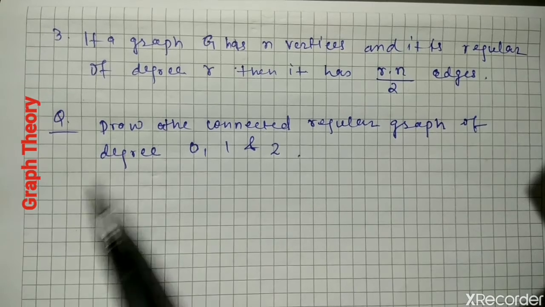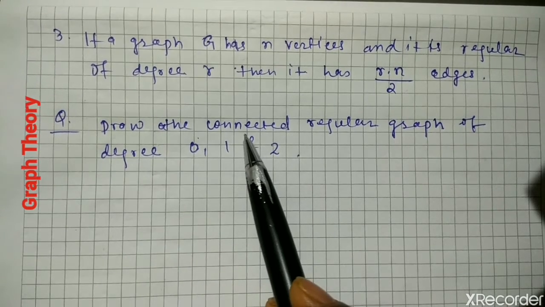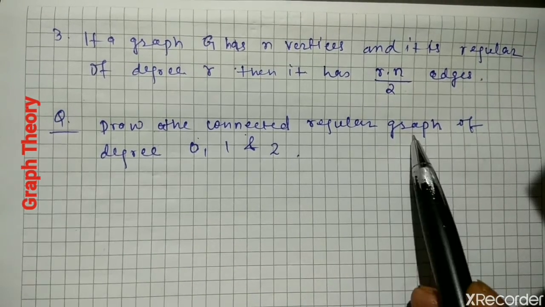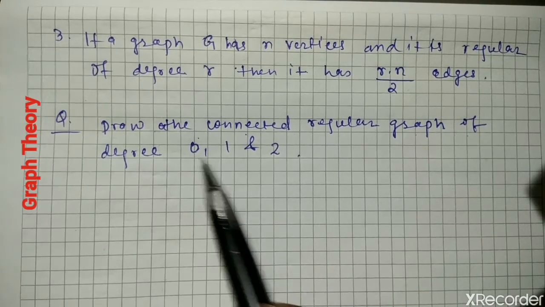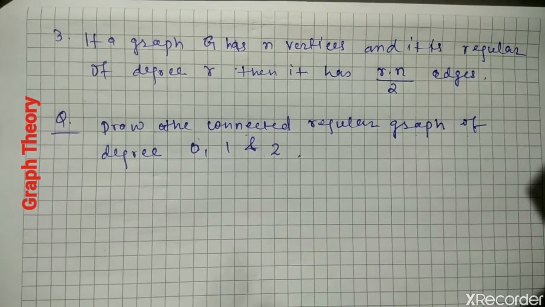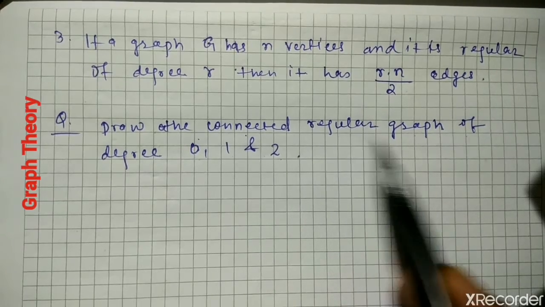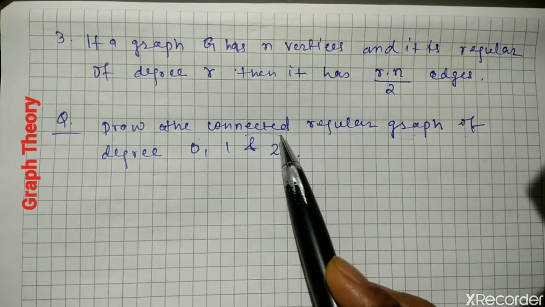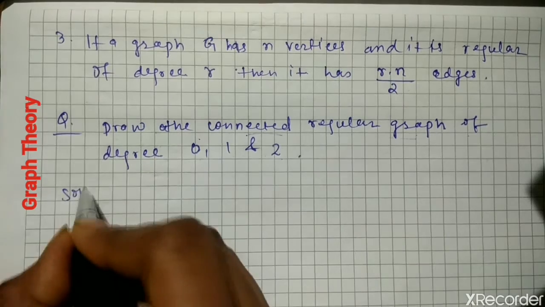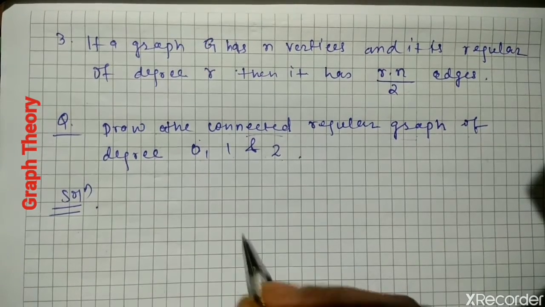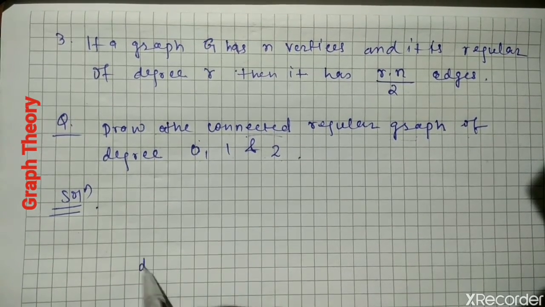Here the question is: draw the connected regular graph of degree 0, 1 and 2. Earlier we saw a complete graph, but here it is a connected regular graph. It should be regular and also connected. Let us see the solution. Number one is degree 0.